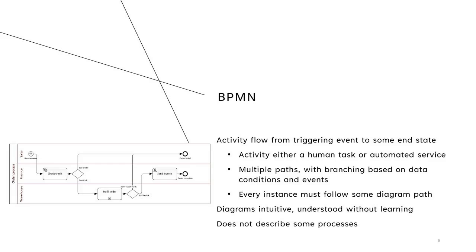That was new. The flowchart contains numerous branching paths, but every instance of this process must follow some path drawn in the diagram. And that's both its strength and its basic limitation.